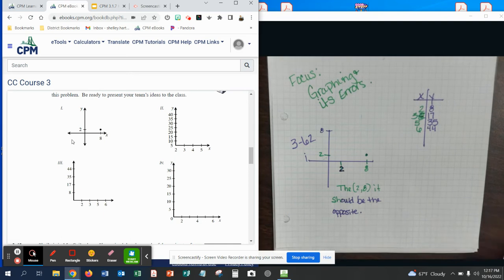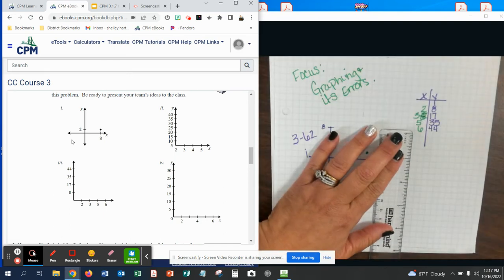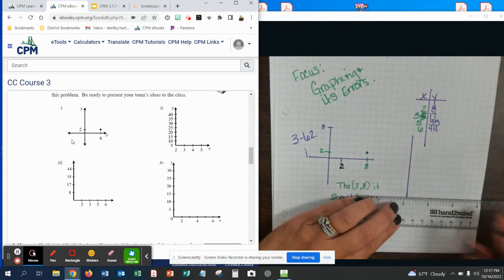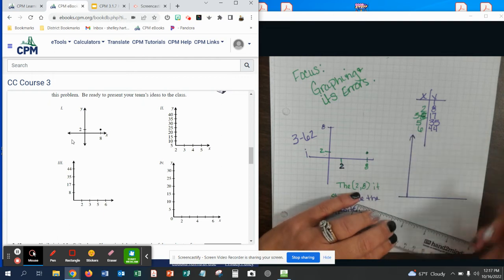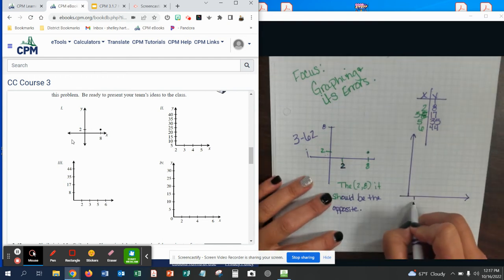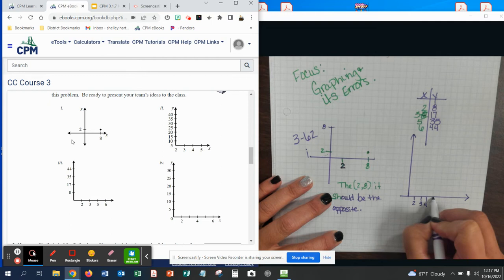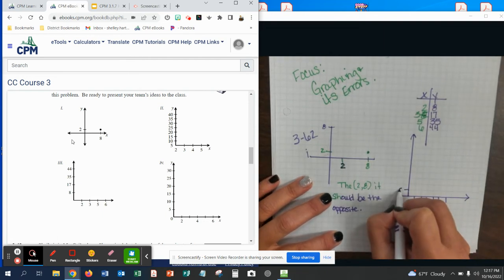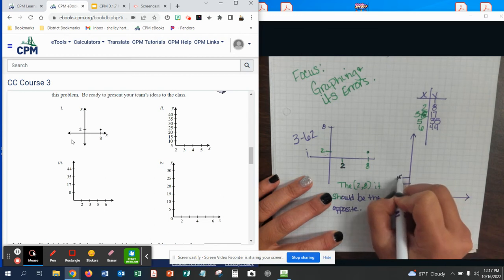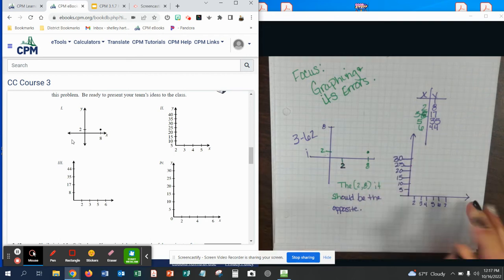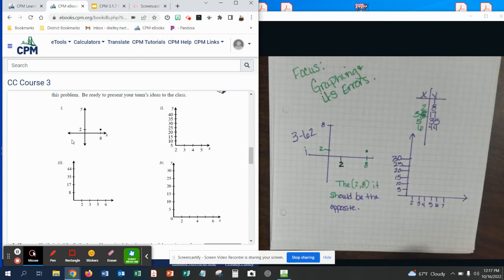If you look at the next one, they're using 1 quadrant. They have 2, 3, 4, 5, 6, 7 along one axis, and then 5, 10, 15, 20, 25, 30. What do you think this mistake would be?